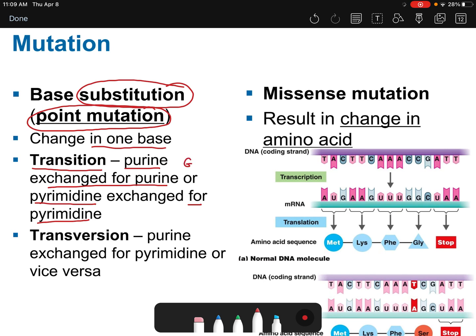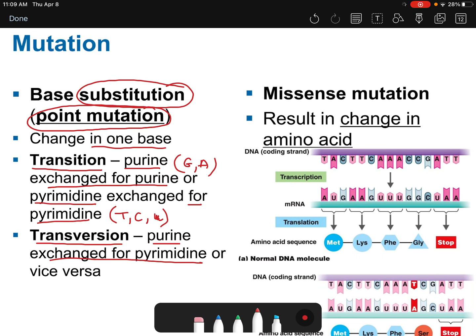Purines are guanine and adenine. Pyrimidines are thymine, cytosine, and in RNA, uracil. Okay. A transversion is when you exchange a purine for a pyrimidine, or just the opposite.